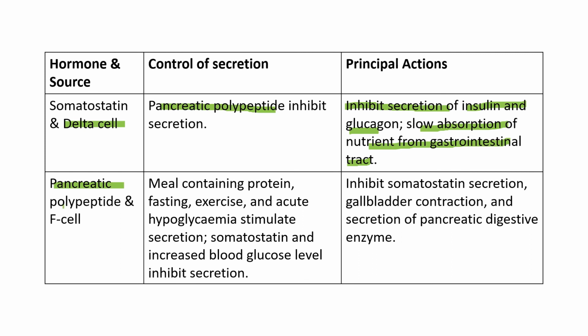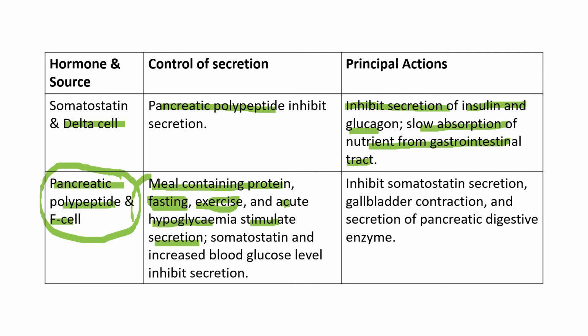Pancreatic polypeptide hormone is secreted by the F cell. If a person takes a meal with high protein, is fasting, is doing exercise, or has acute hypoglycemia, these stimulate the secretion of pancreatic polypeptide.